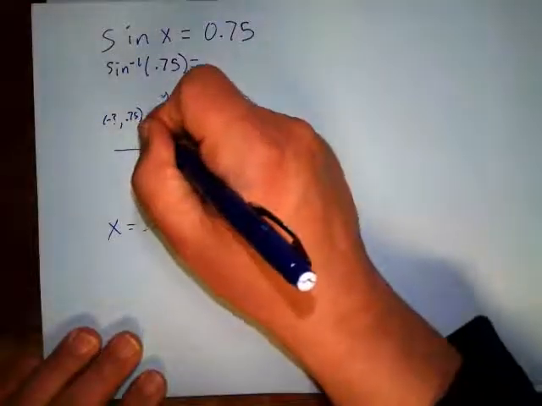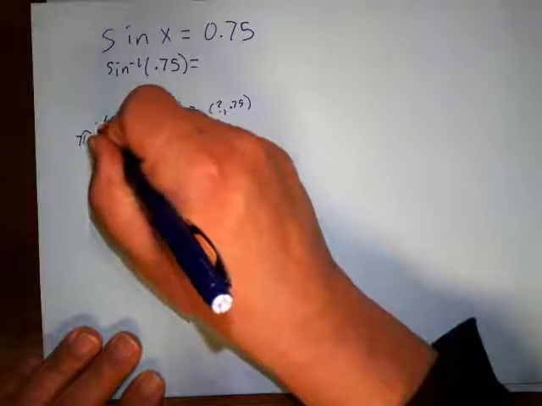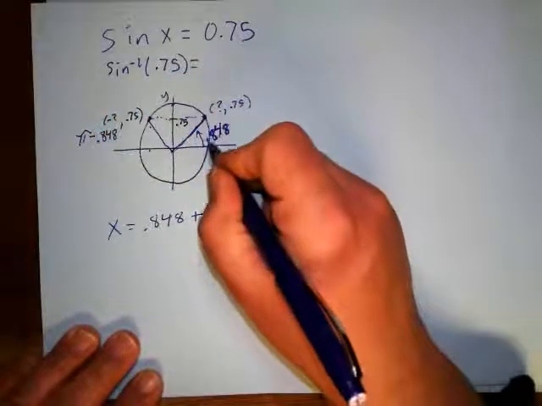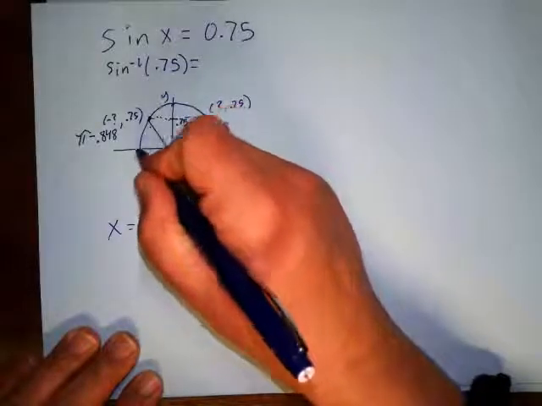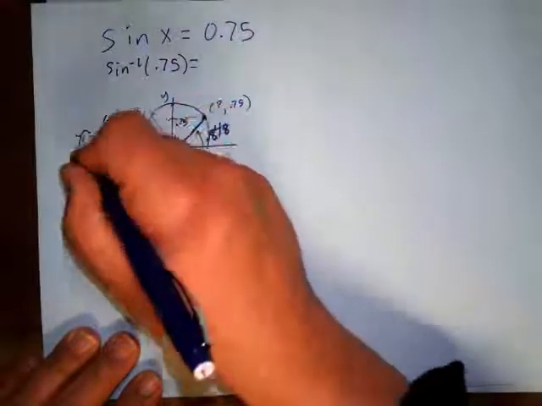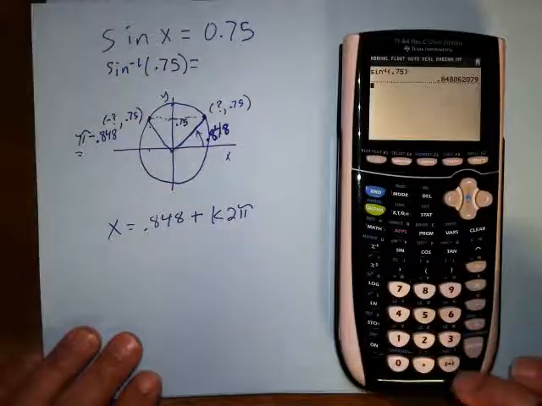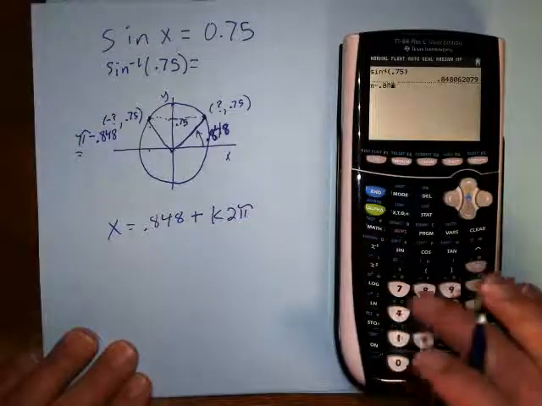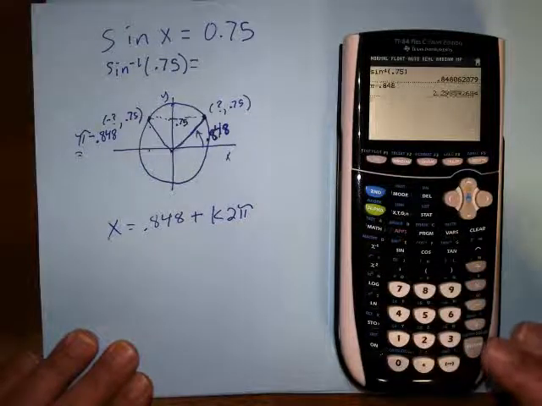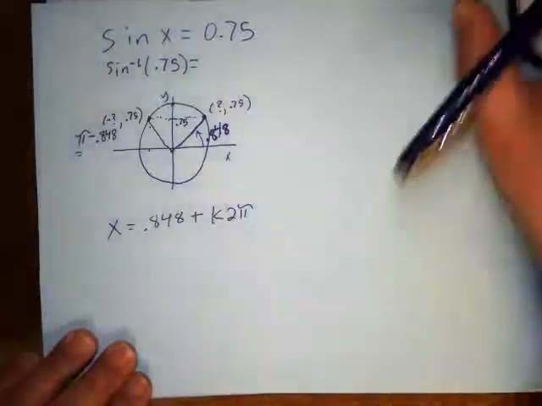So to get this angle, I'm actually going to take pi minus 0.848. I went 0.848 here, so now I'm going to go 0.848 this way. And so take my calculator and take pi minus 0.848, and I get 2.294.